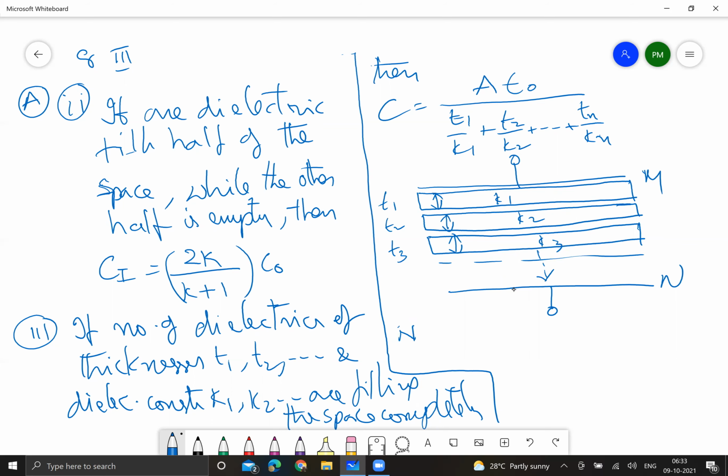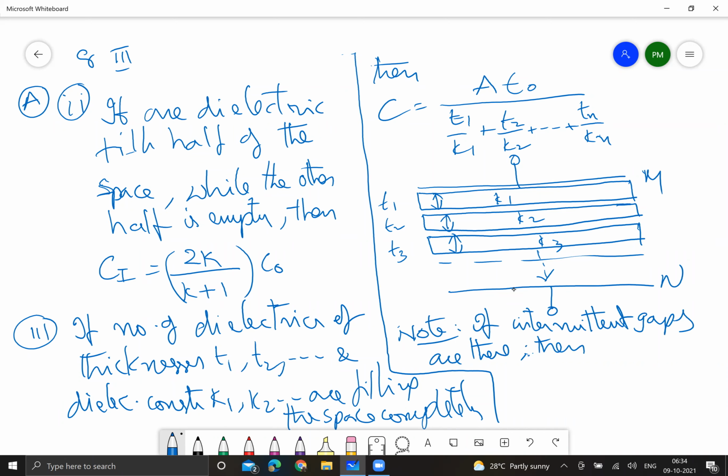In this again, if intermittent gaps are there, same thing we are extending, that's all.